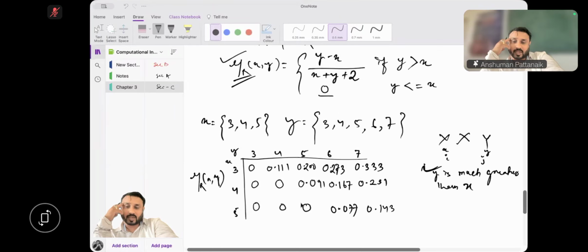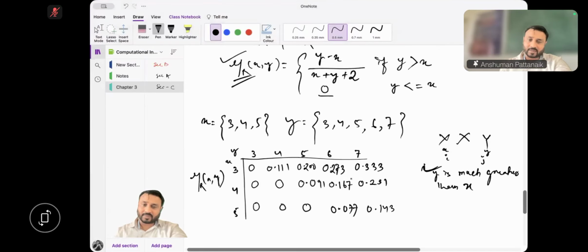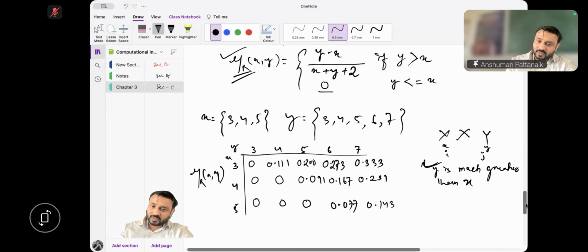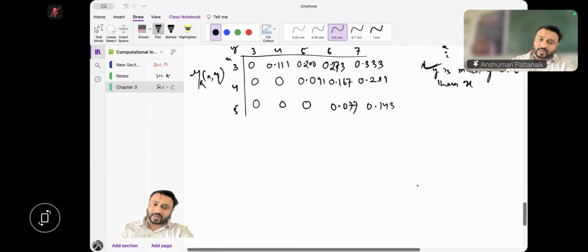So there are various ways we can find the relationship between x, y. This is the calculation, how to find the relation.